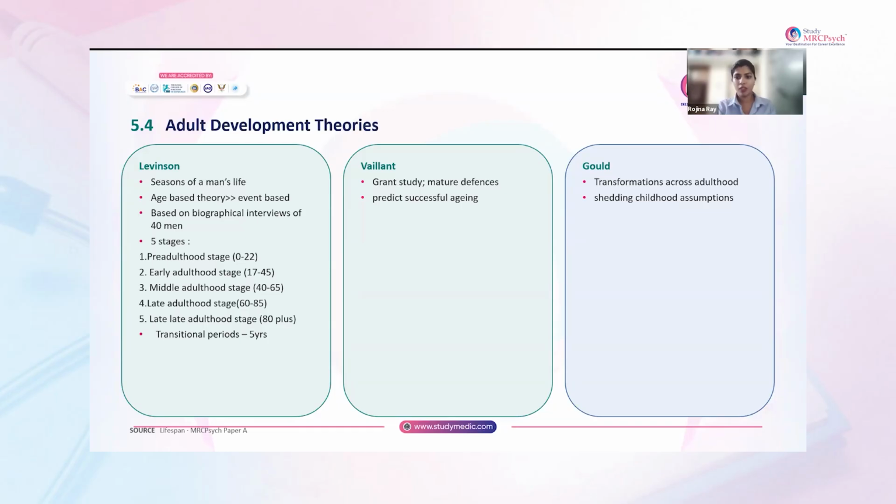So we let go of these unrealistic beliefs as we grow into adults. This process helps adults to become more independent, autonomous, and emotionally mature. So unlike Levinson, who focused on the life stages, Gould focused on changes in beliefs and thinking during adulthood.